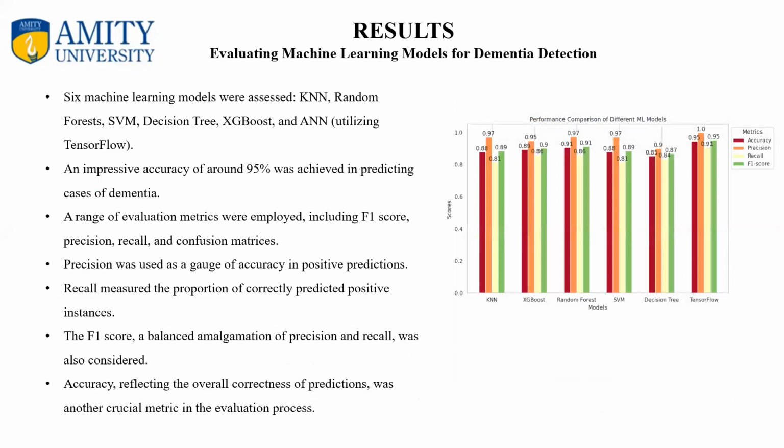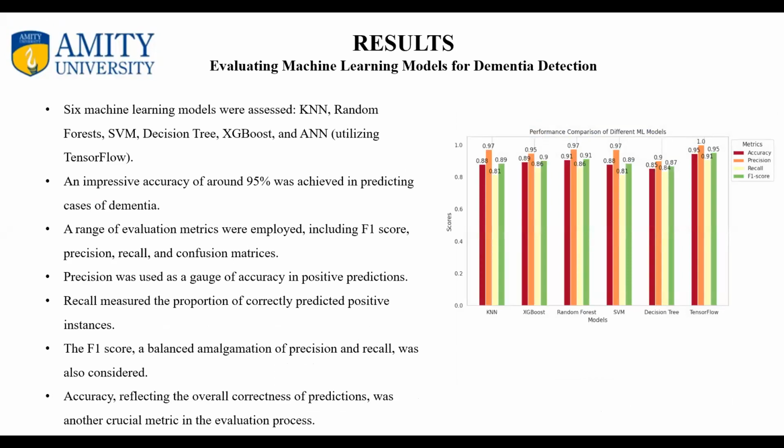For model evaluation, we assessed 6 machine learning algorithms: KNN, random forest, support vector machine, decision tree, XGBoost, and ANN with TensorFlow. The outcome was impressive, with approximately 95% accuracy in predicting dementia.